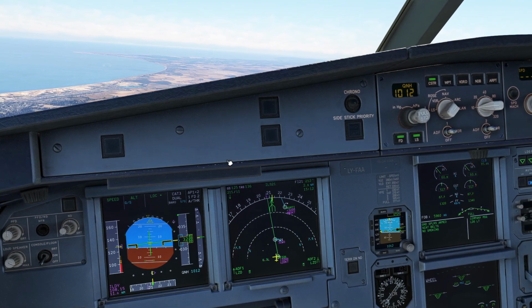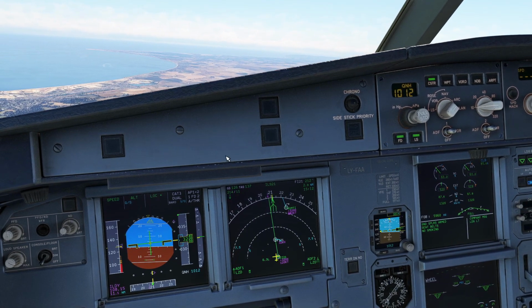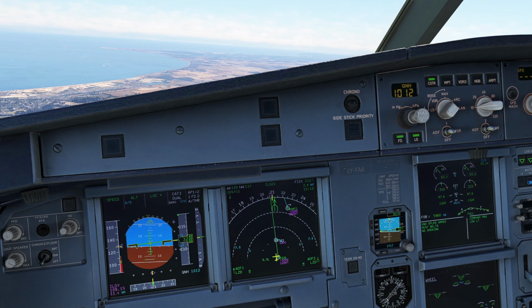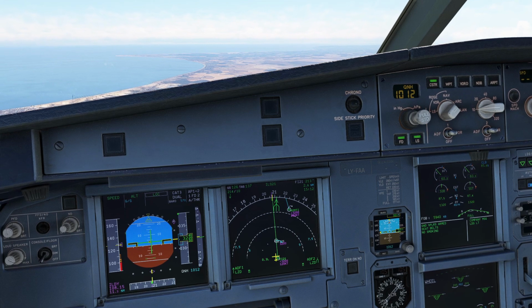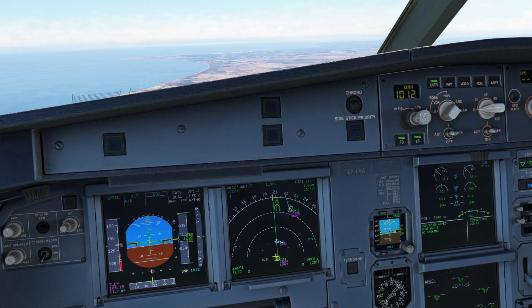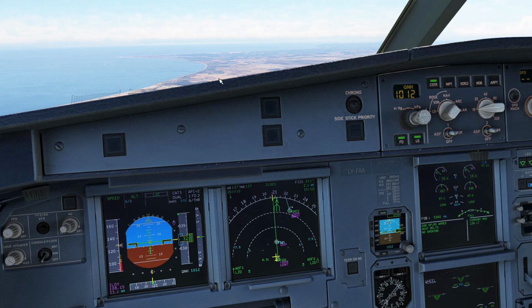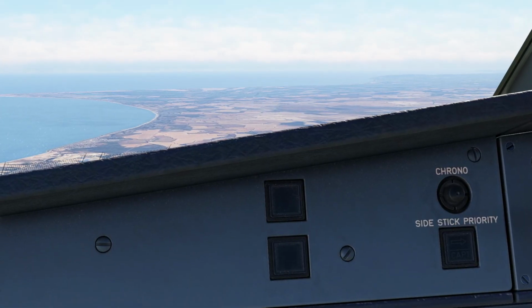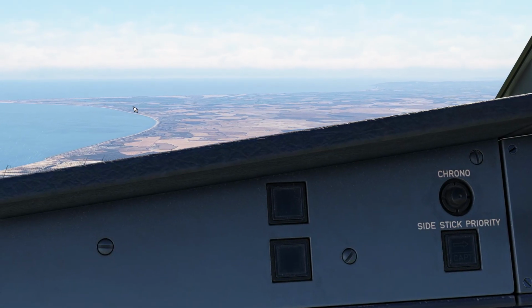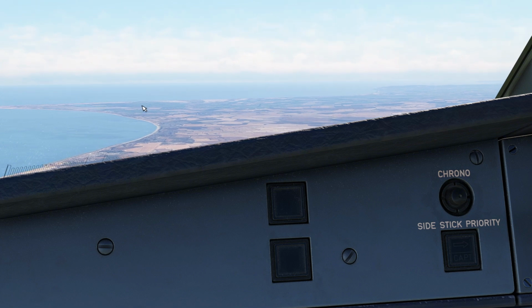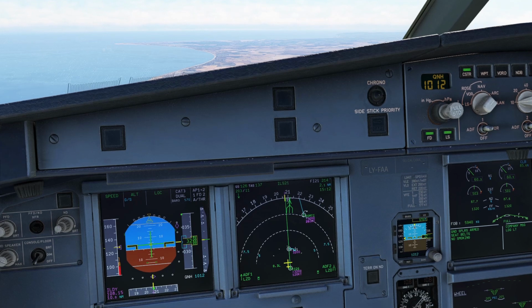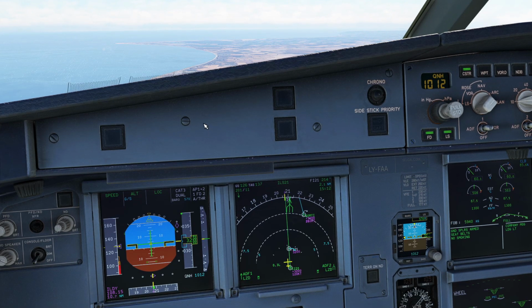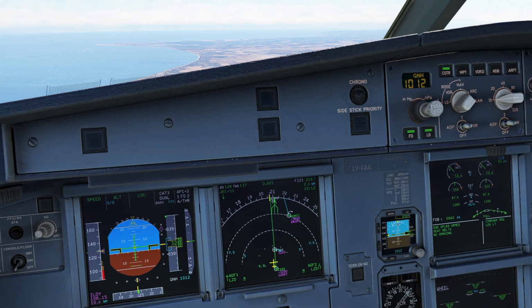About 11 knots headwind right now. Localizer check, glide slope alive. Runway is here, and we will check on it at a later stage of the approach.